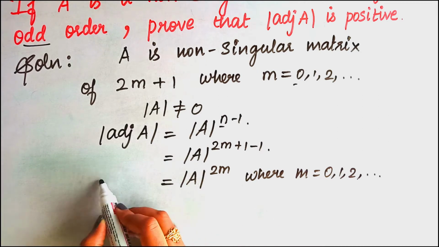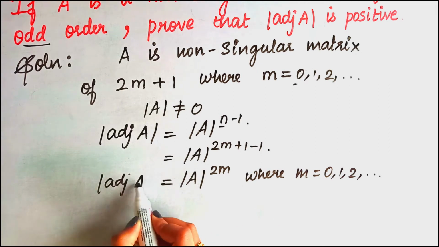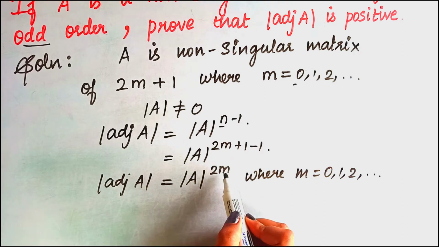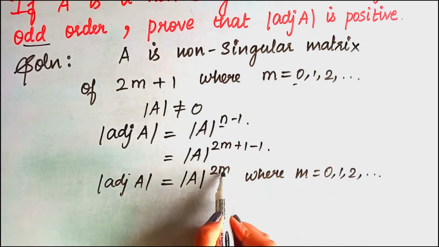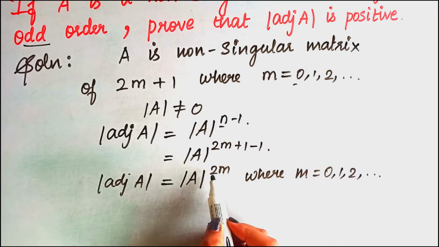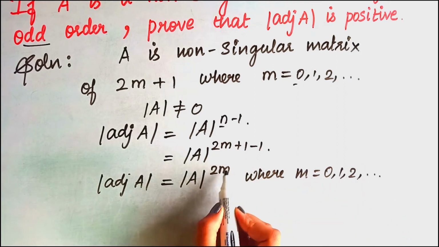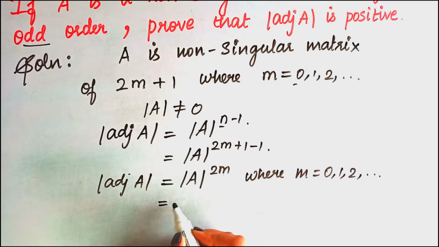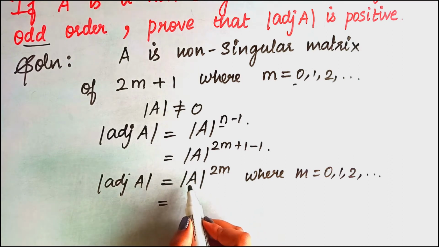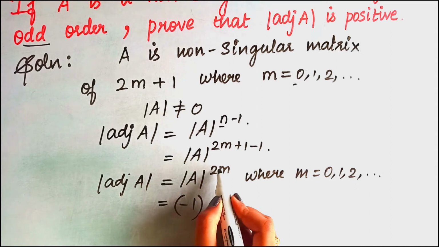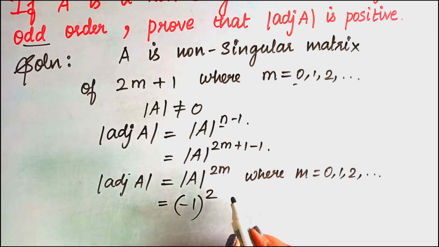Here we have to prove that determinant of adjoint A is positive. For that, let's see 2 into m. Now we are substituting 1 in the place of m, so that we'll get A square, which is an even power, and then substituting 2 here, 2 into 2 is 4, which is also an even number. And in the place of determinant of A, I'm just guessing, substituting minus 1 here, and 1 here, so minus 1 the whole square will be 1, which is a positive number.